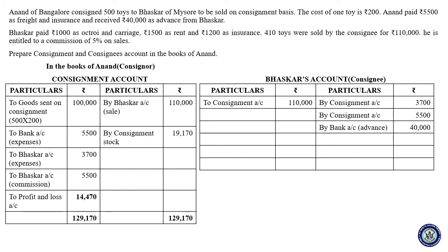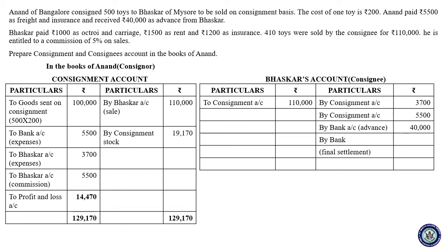So 1,10,000 after deducting the expenses, commission and the advance that the consignee already paid earlier. After removing these, what figure will you get? That is the final settlement, meaning that much money is yet to be paid by Bhaskar. That is why the journal entry is bank account debit to Bhaskar, because that much amount the consignor is yet to receive.